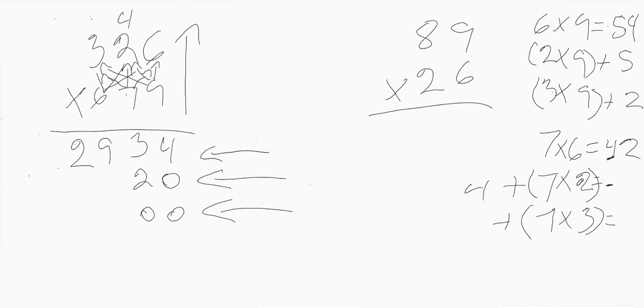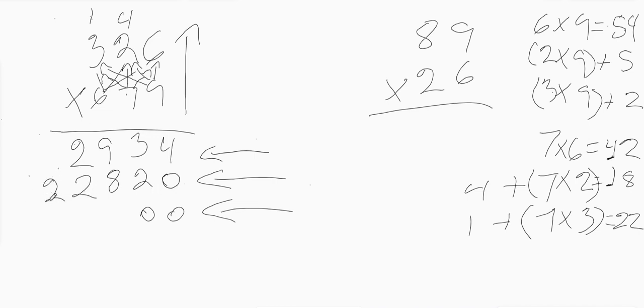So 7 times 2 is 14 plus 4, which is 18. So you're going to put your 8 here, your 1 here. So now 7 times 3 is 21, plus 1 is 22. So since there is nothing else to multiply here, you'll put your 2 here and your 2 here.